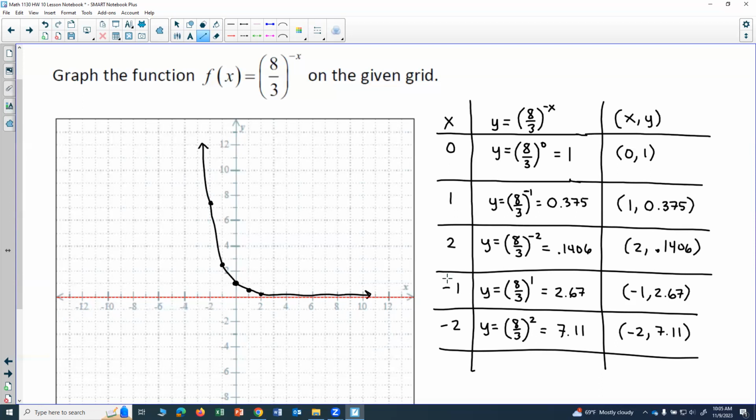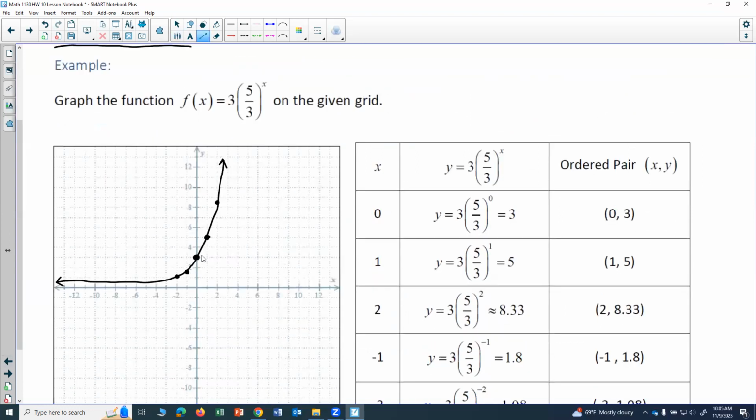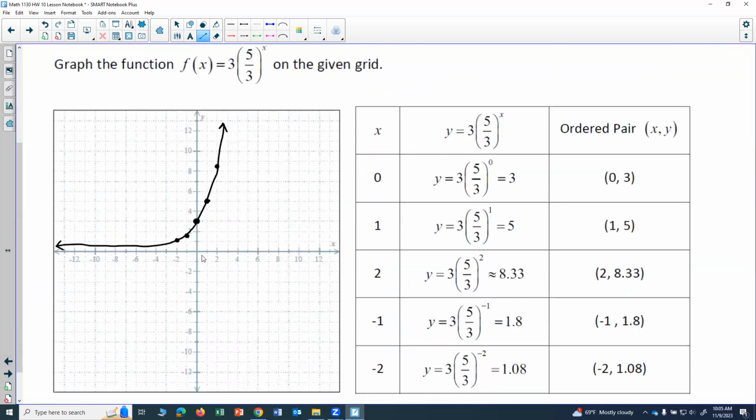So again, we're just picking x values. We're plugging them into the function and using a regular calculator to get the corresponding y values. Plot your ordered pairs and then connect with a smooth curve. Let me go back to this example where we did f of x equals 3 times 5/3 to the x power.